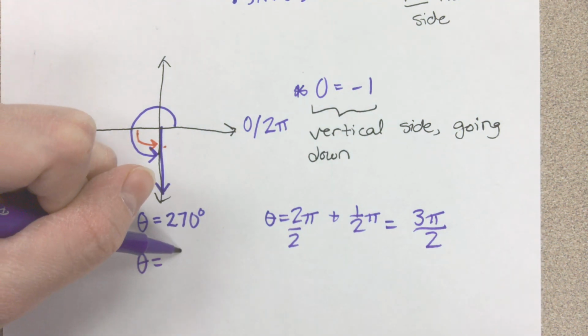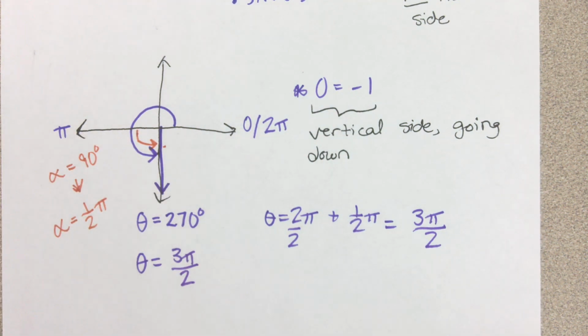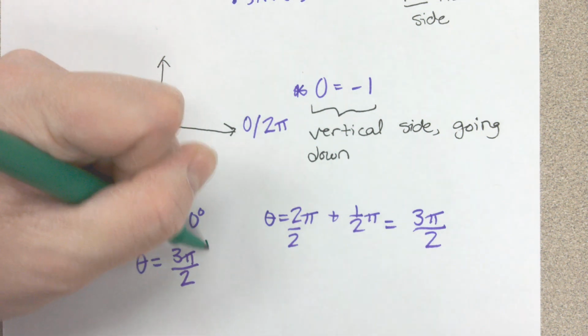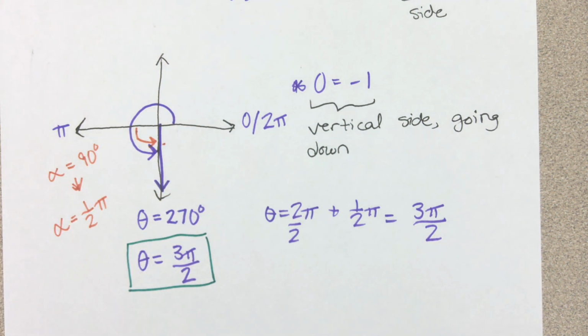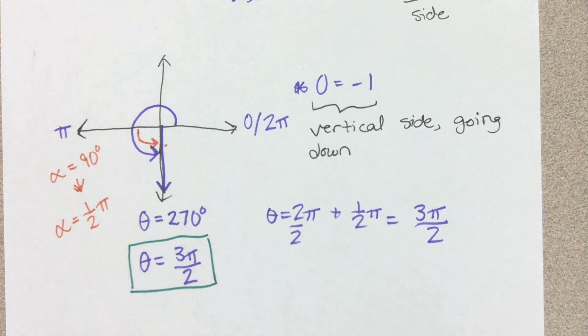So theta equals 3 pi over 2. So on these problems, it's okay if you use degrees as the stepping stone to get into radians. Just make sure your final answer is in radians. Questions on this one?